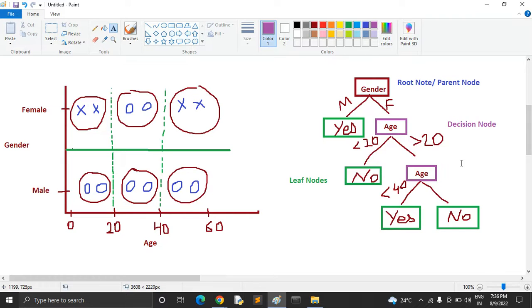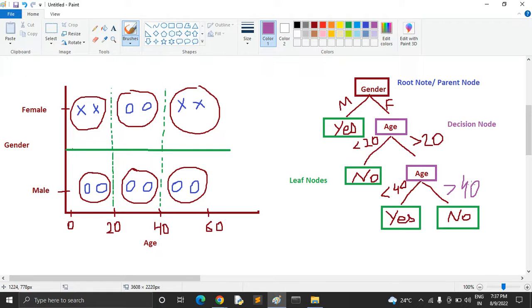So if gender is male, the person will like the movie. If the gender is female, we will go ahead using a different feature, a different column, that is age. If the age is less than 20, the person will not like the movie. If the age is greater than 20, we will again select the age column, and if the age is less than 40, the person will like the movie, and if the age is greater than 40, the person will not like the movie.